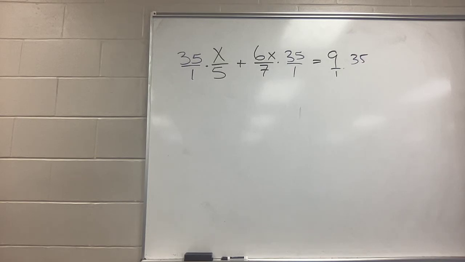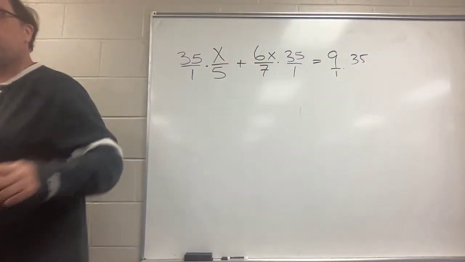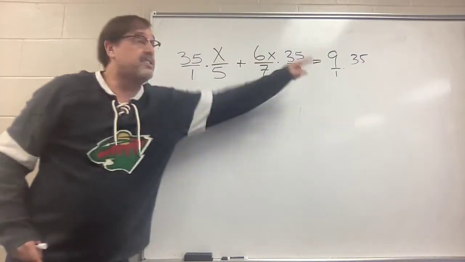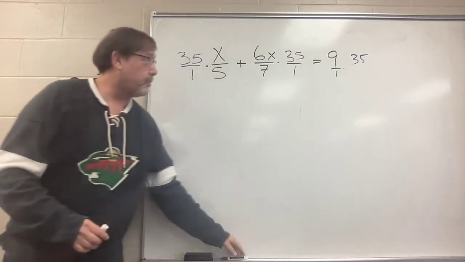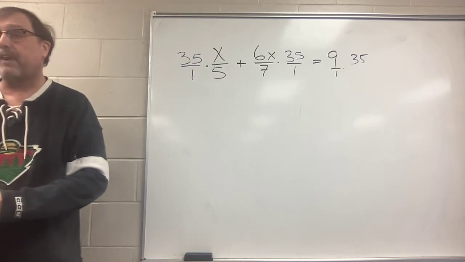They'd have more, but they'd still be equal. Or if I cut your money in half, they'd have less, but would they still be equal? Yeah. So here, when I multiply everything by 35, they're bigger, but still they're equal. That makes sense.